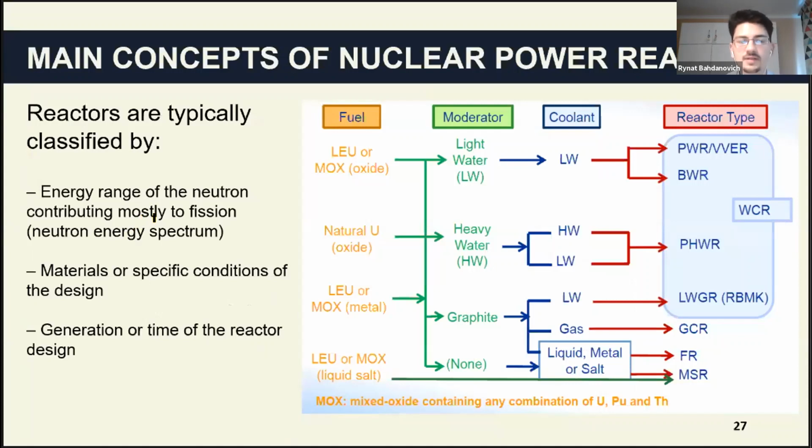We can classify them by the energy range of neutrons contributing mostly to fission. This is the neutron energy spectrum I was talking about before. Also by materials or specific conditions of the design. We can classify by fuel: low enriched uranium or MOX fuel, natural uranium, and others.